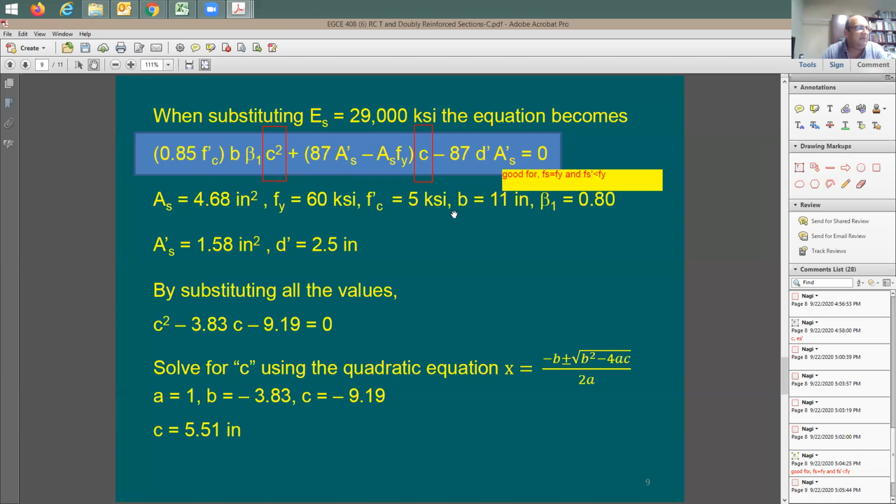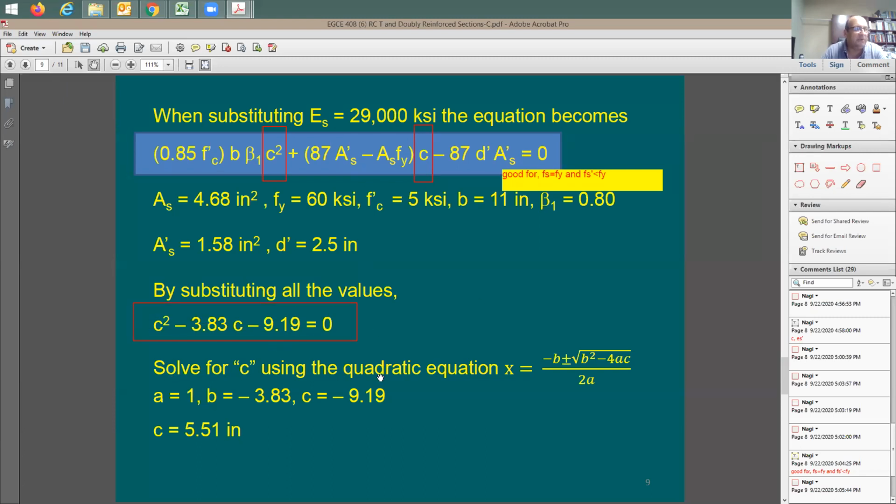Here are the rest of the parameters that you can input in this equation: As, Fy, f prime c, b, beta 1, As prime, and d prime. You put all of these values in this equation, and instead of this long format, it becomes much smaller. Now, here's the numerical value for this equation.